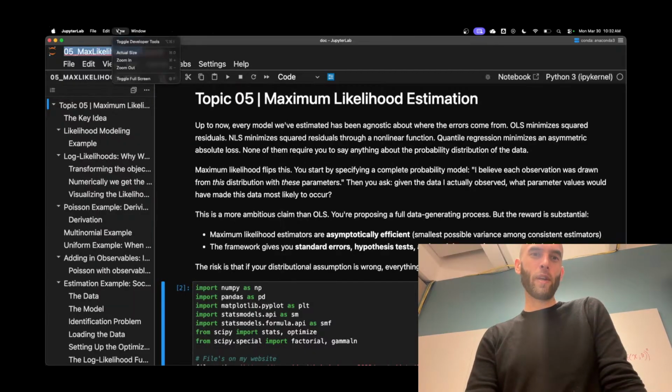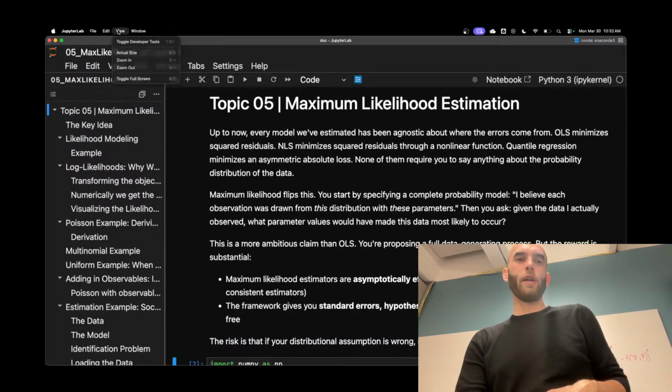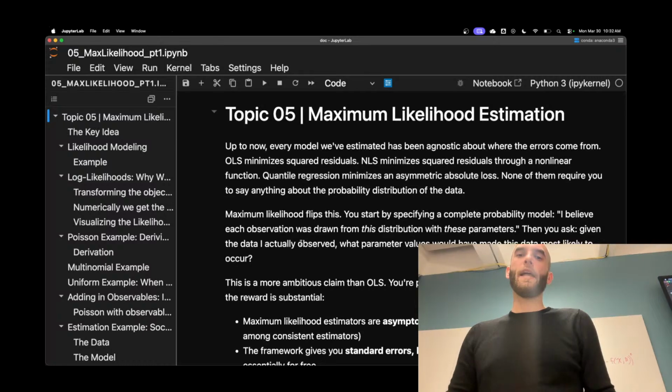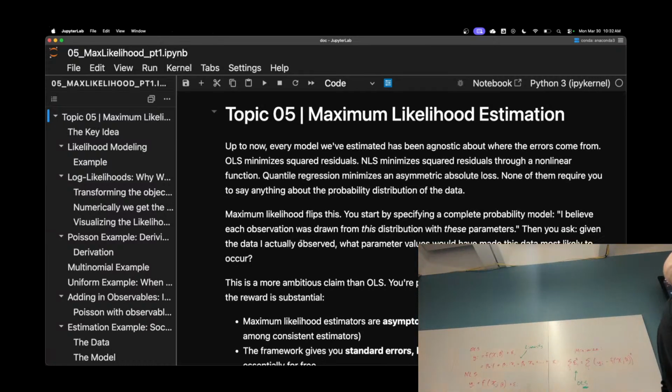So what we're doing is building up some of the intuitive idea for maximum likelihood estimation, and then once we have the basic framework set, we're going to go through 3 or 4 different examples in analytical form.